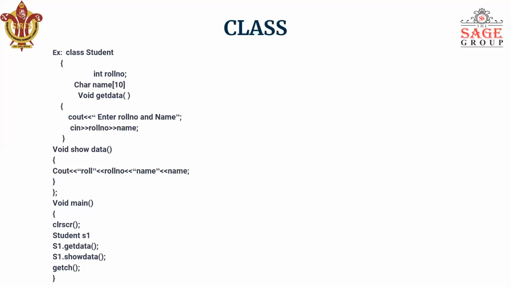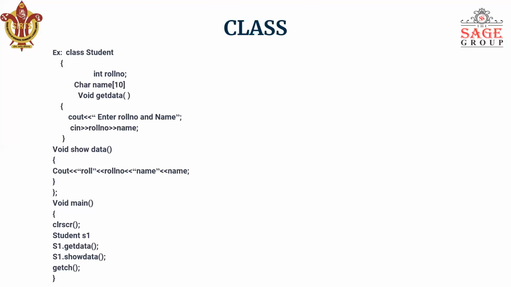So whenever we write s1.getdata, the getdata method is called, and whenever we write s1.showdata, the showdata method is called, and both functions perform their own function, whatever code we have written inside that particular function. Now the getch function will hold the output on the output screen and we close the main function. Now this is simply an example of a class.